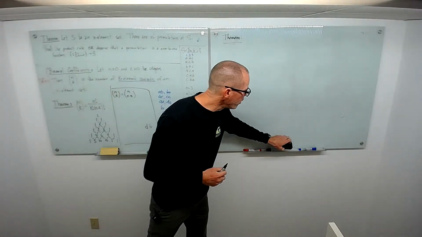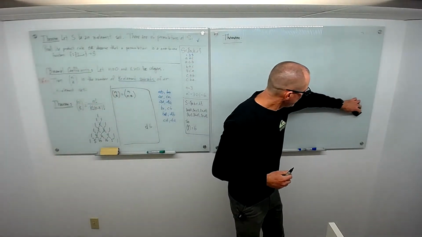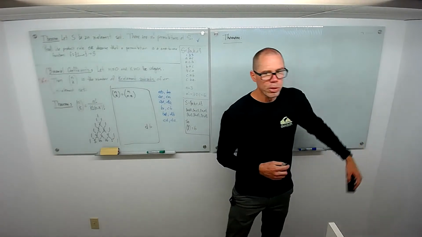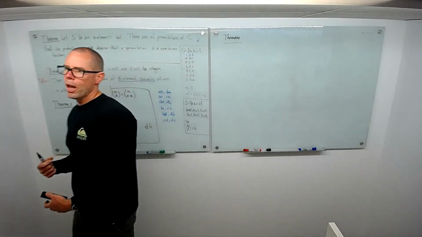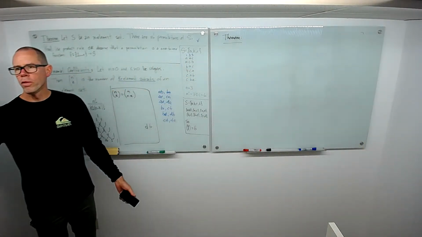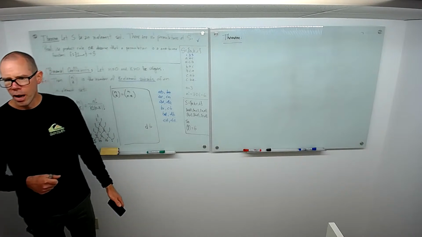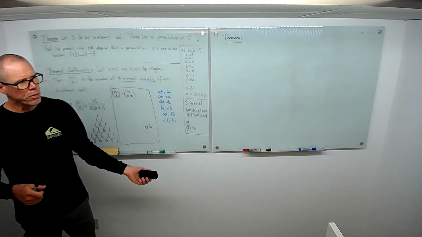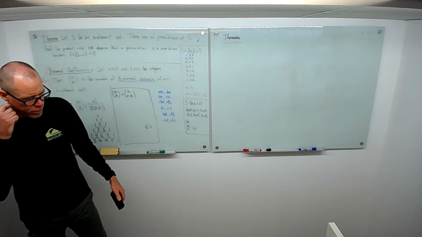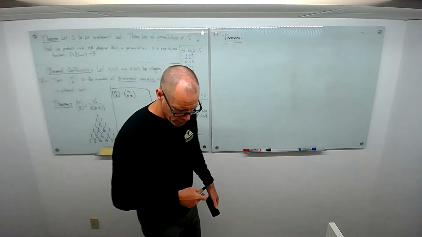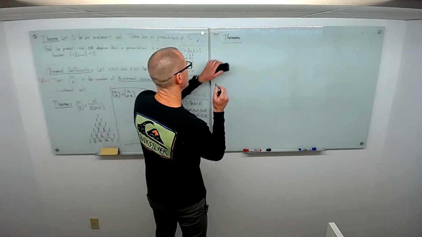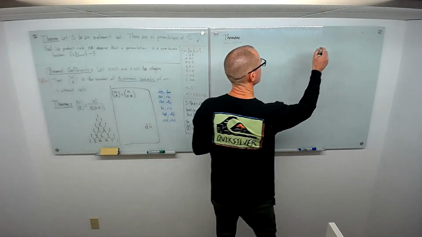The thing to remember about proving Pascal's identity is we took our n plus 1 element set, treated one of the elements as special, and distinguished our subsets on whether they contain that element or not.